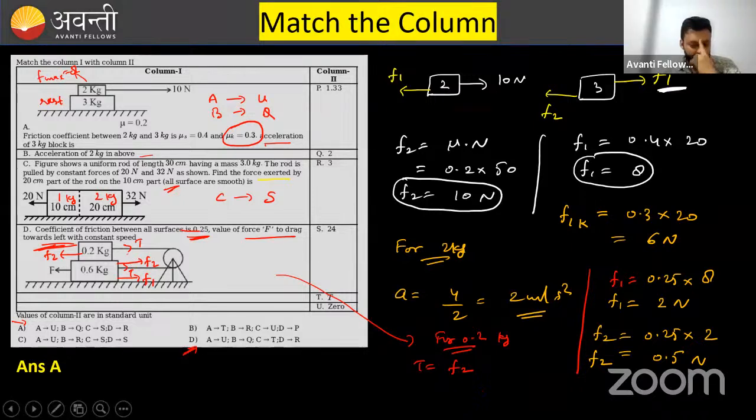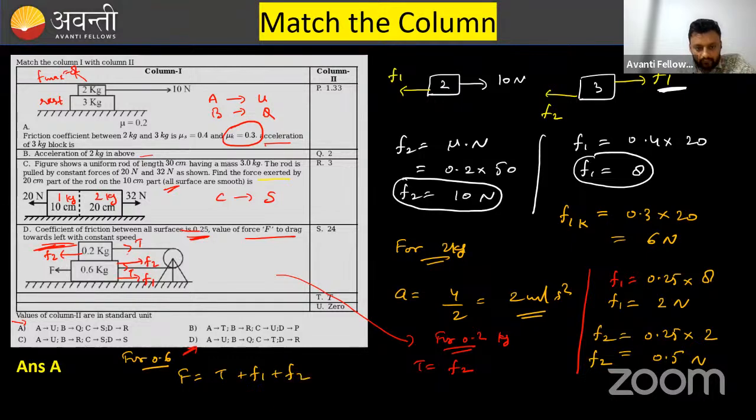Now F1, F2 दोनों निकाला है, मुझे निकालना है F की वैल्यू को। तो F की वैल्यू के लिए मैं किस ब्लॉक पर जाऊंगा? For 0.6 kg block I will write equation, that will be F is equal to T plus F1 plus F2. Forces are balanced, speed is constant. So T की वैल्यू कितनी है अपने पास?